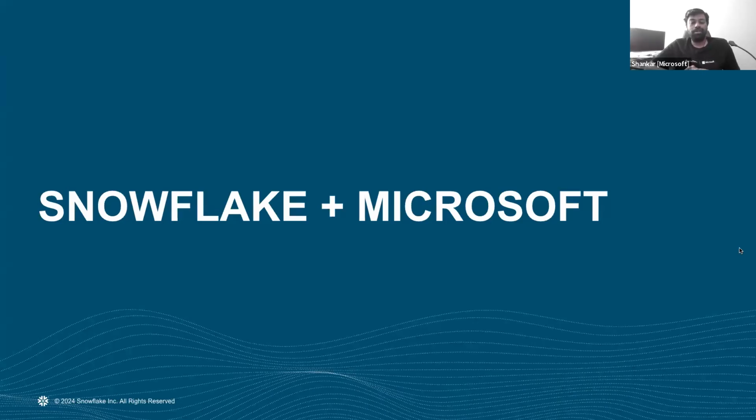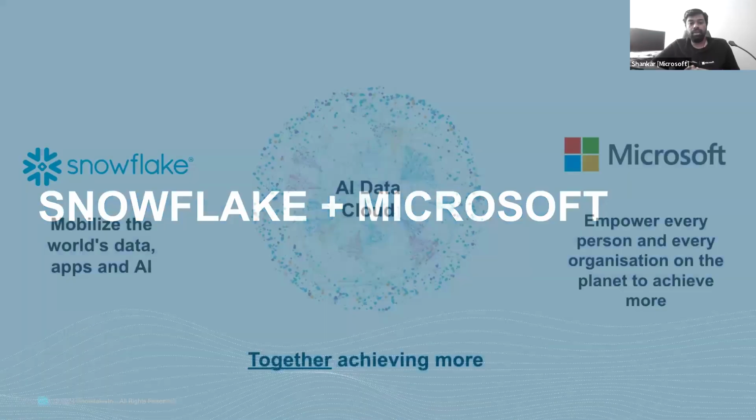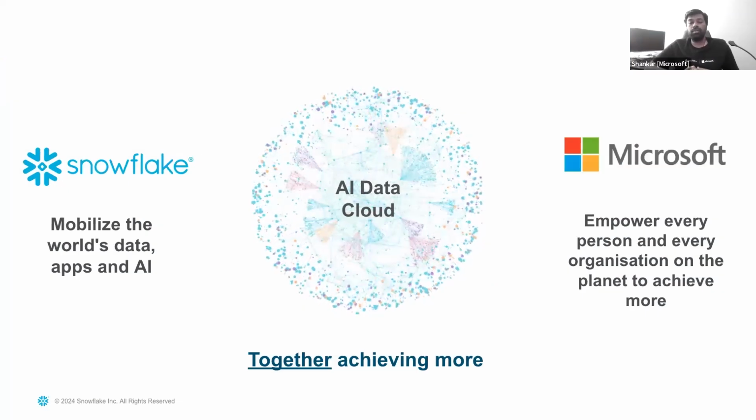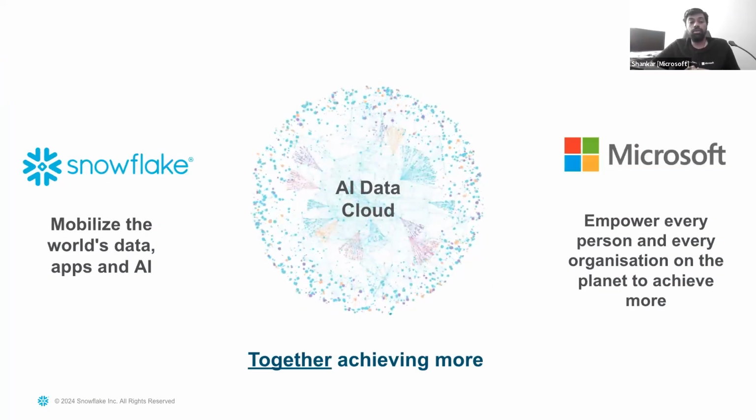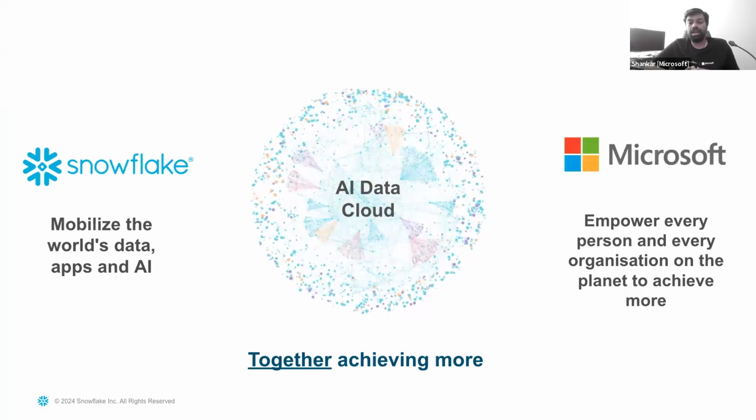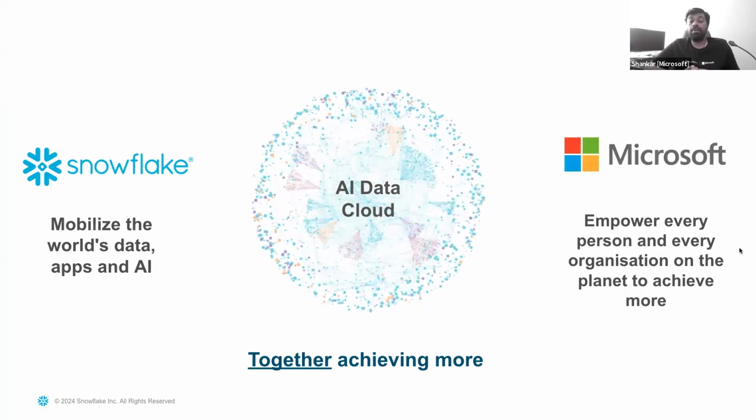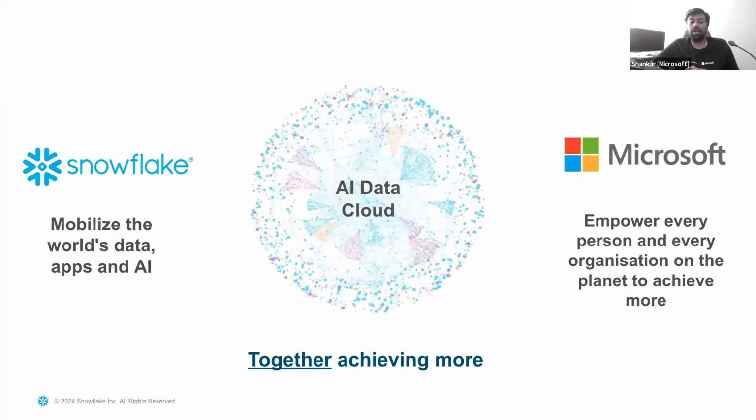Snowflake plus Microsoft. To start off with, can you go to the next slide? So the mission of us working together is for Snowflake to mobilize the world's data, apps, and AI, and for Microsoft to empower every person and organization on the planet to achieve more.